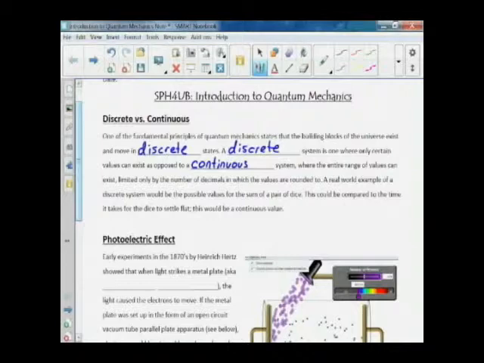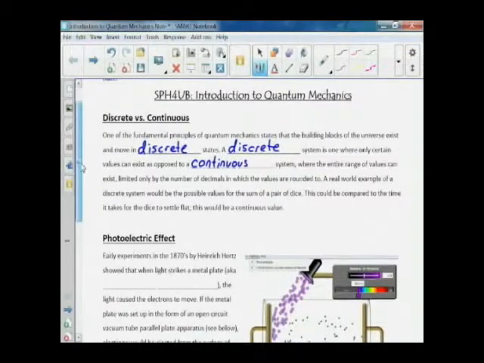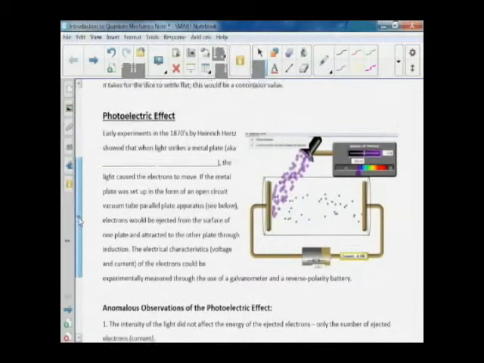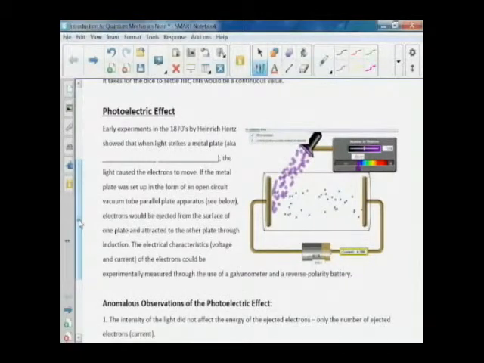I'll just intro the photoelectric effect, then we'll demonstrate an interactive simulation. Early experiments in the 1870s by Heinrich Hertz showed that when light strikes a metal plate or a photo surface, the light caused the electrons to move.